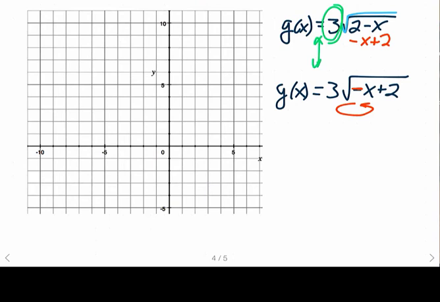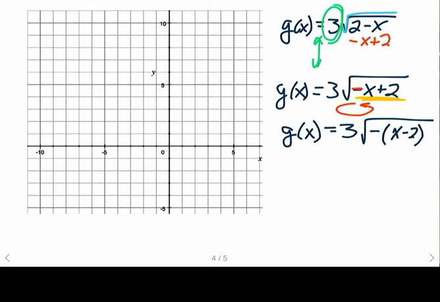I know that there's going to be one due to the plus 2 inside of the square root, but what we actually need to do is we need to factor the negative out of the argument. Now, because this is a square root, I can't factor the negative outside of the entire radical, but what I can do is rewrite g of x as 3 times the square root of the negative quantity of x minus 2.